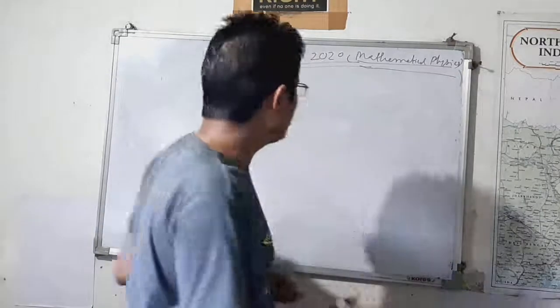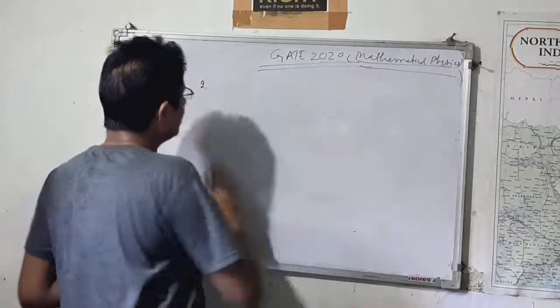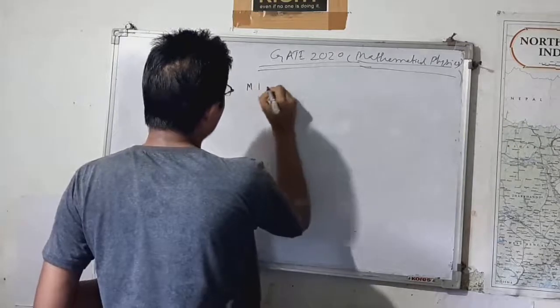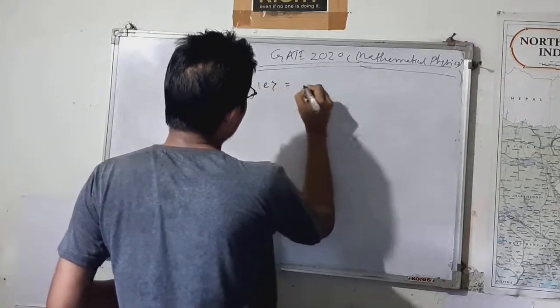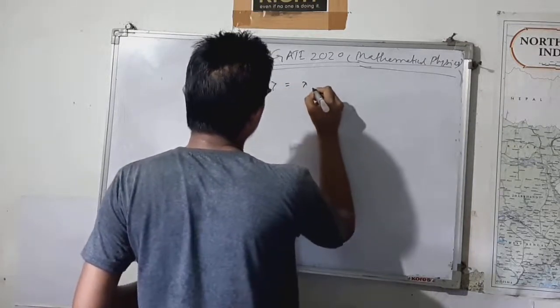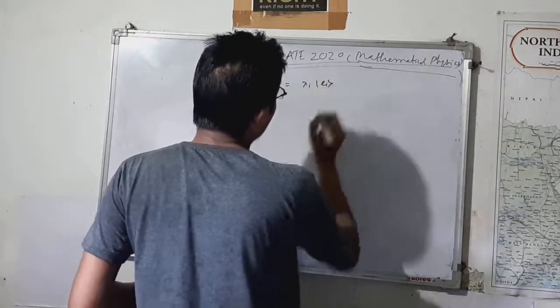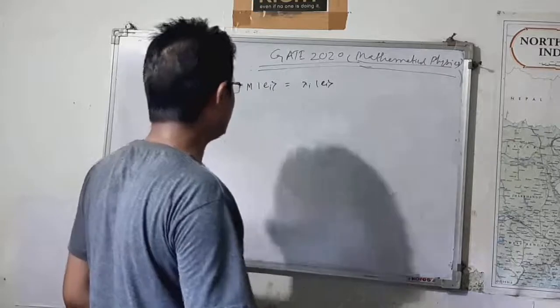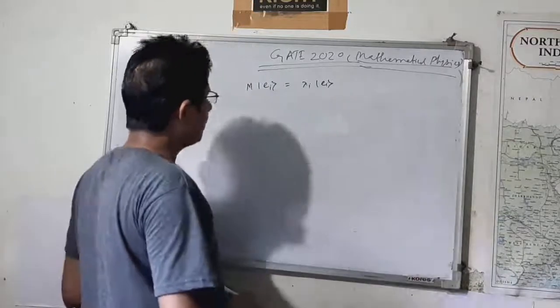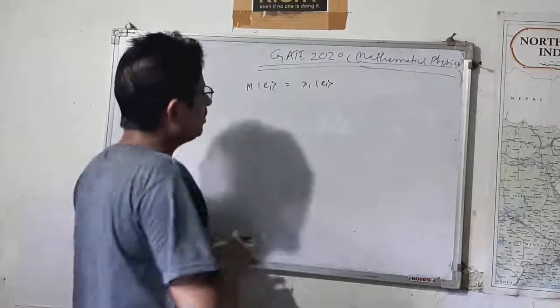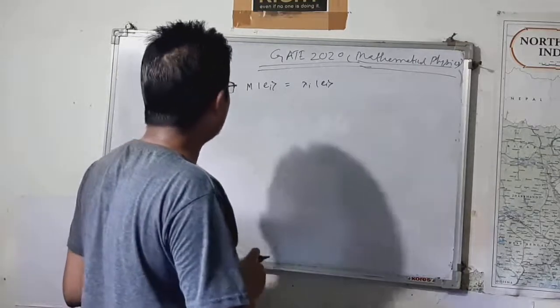We know the eigenvalue equation is simply M e i equal to lambda i e i. This is the eigenvalue equation, and in your options this option is not available.